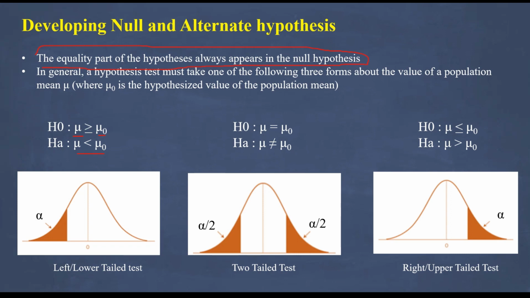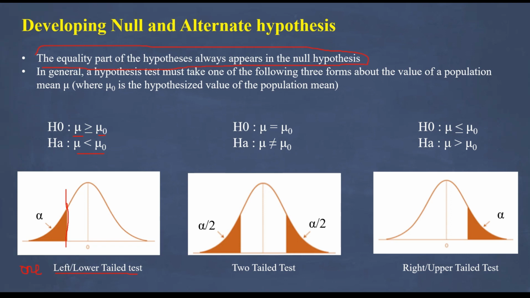Depending on the sign of the alternate hypothesis, the type of tail test is decided. If the alternate hypothesis has a less than sign, it indicates a left tail test, also called a lower tailed test, or a one tail test.